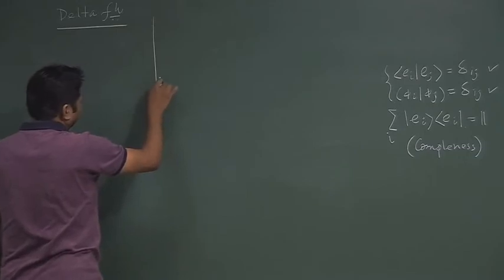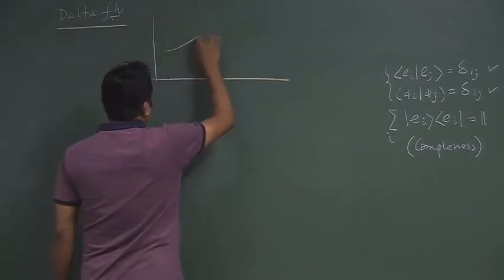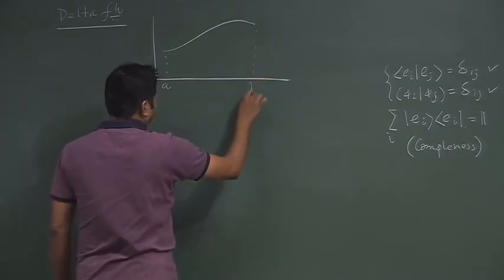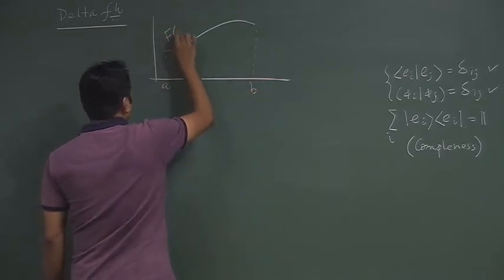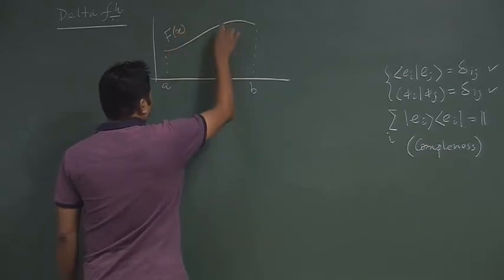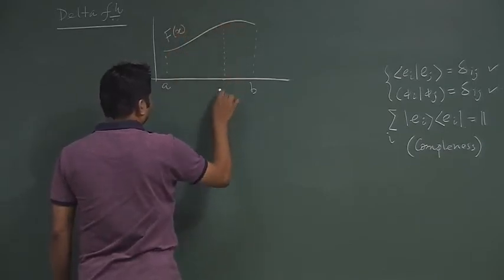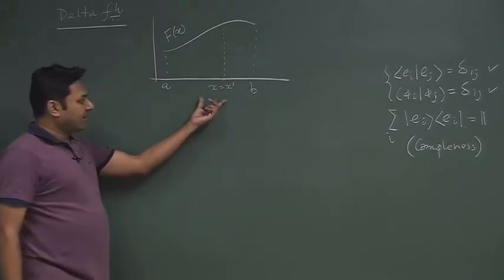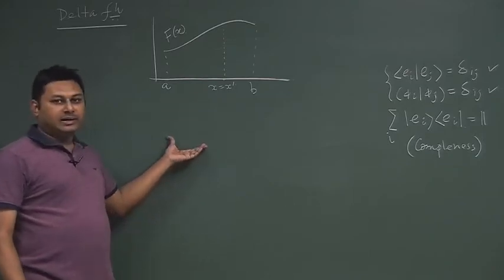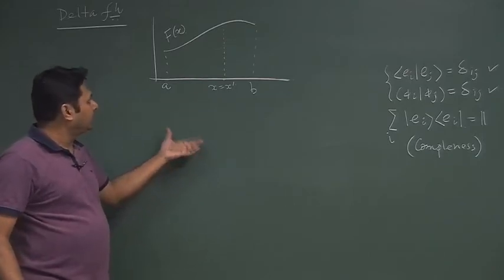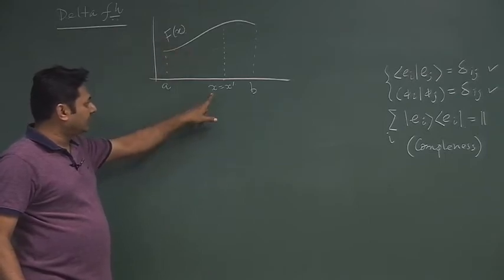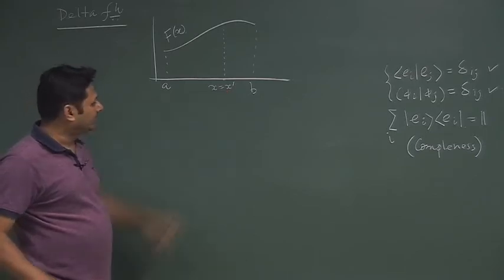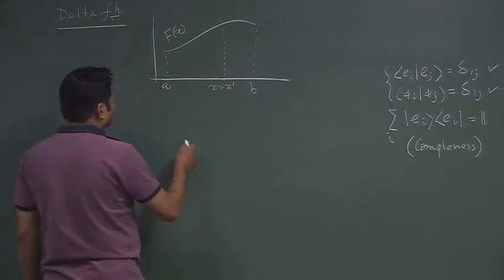Suppose we have a function in the interval say a to b. This is my function of x which is distributed over that, and a particular point is x equal to x prime. Exactly like the way the Kronecker delta is used, I can use the delta function here to find out the value of the function at x prime, with the same logic.